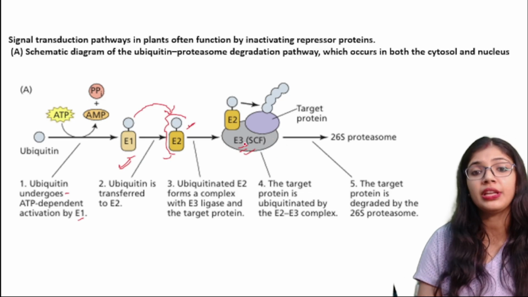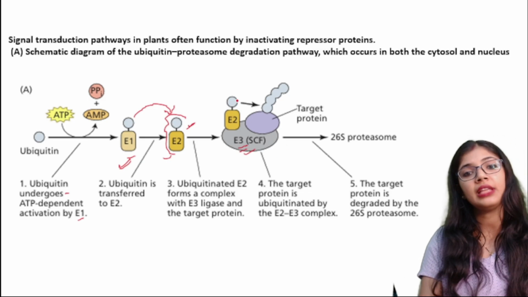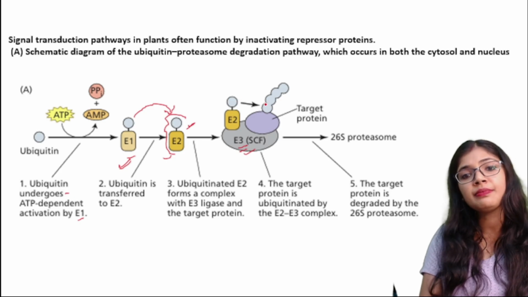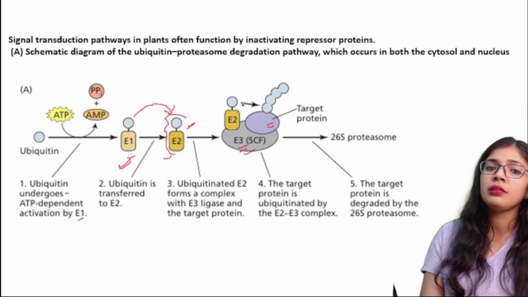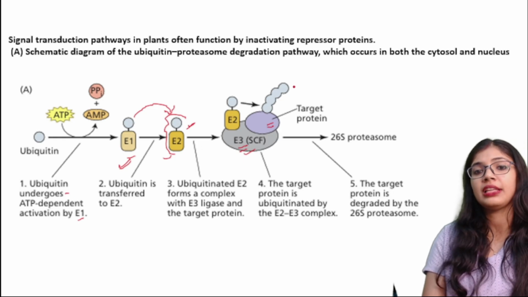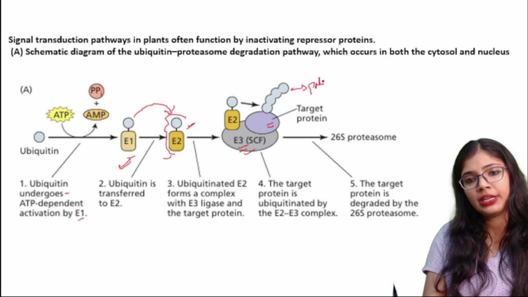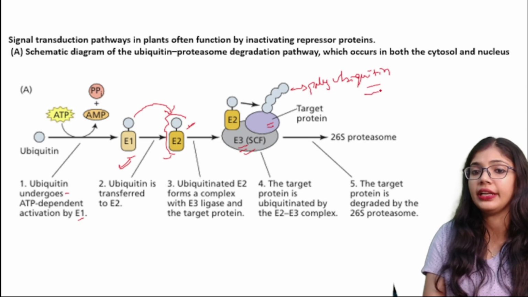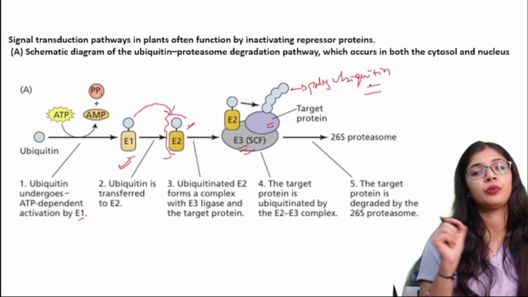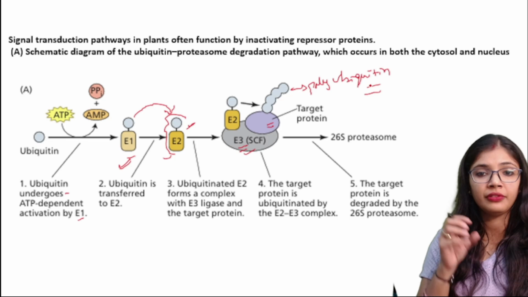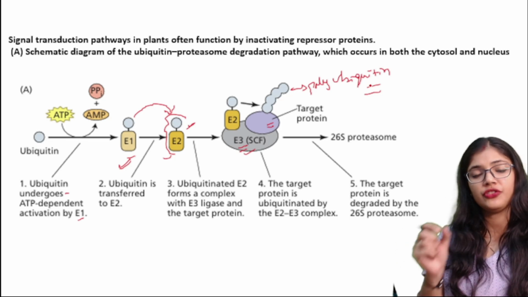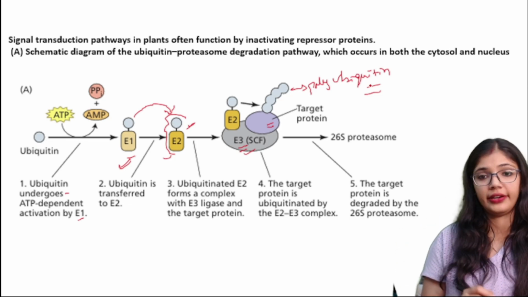After the target protein attaches to the E3, this ubiquitin is transferred to the target protein. And when multiple ubiquitins are present, that means when polyubiquitin is present, it undergoes the 26S proteasome. After that, it gets degraded. So after the polyubiquitination, the target protein gets degraded.